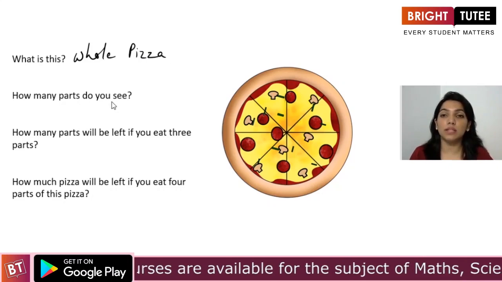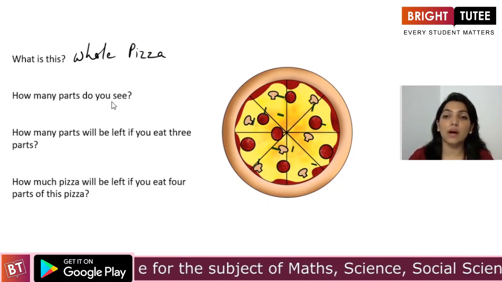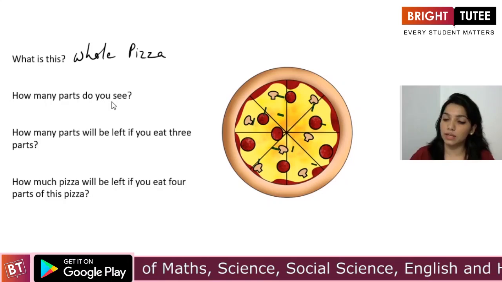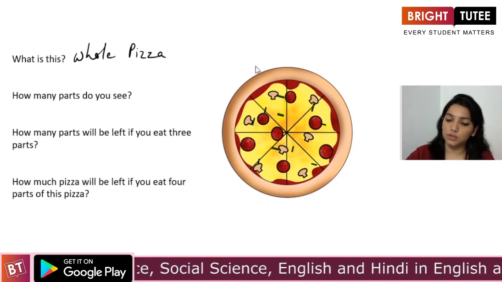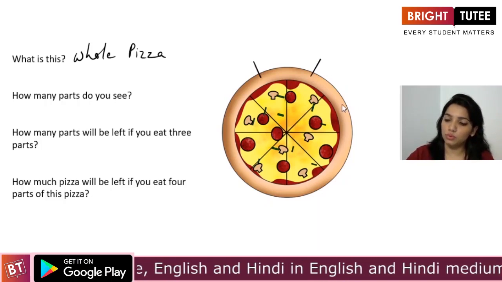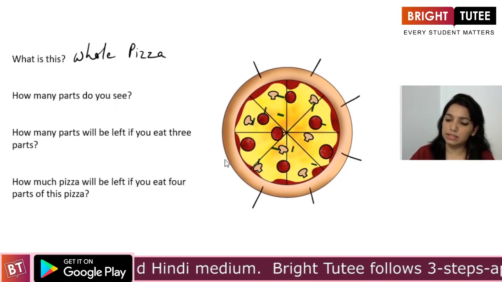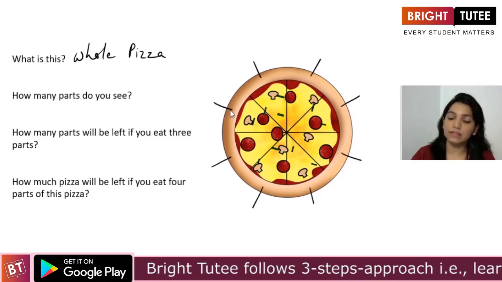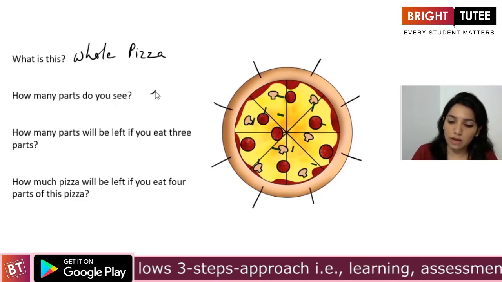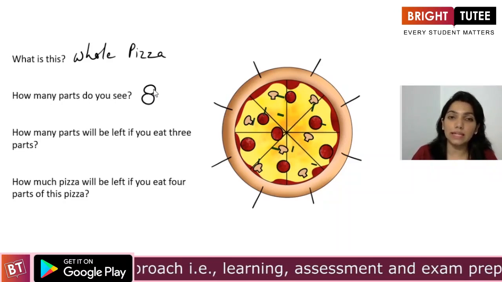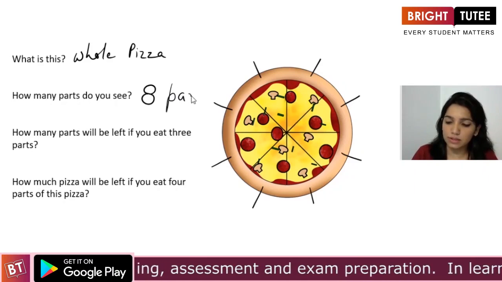Look into this figure. Let us count the number of parts in which it has been cut. So 1, 2, 3, 4, 5, 6, 7 and 8. We see a total of 8 parts, right?